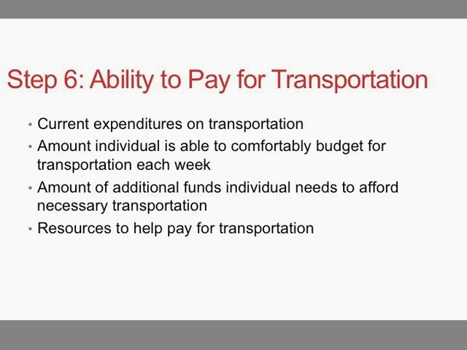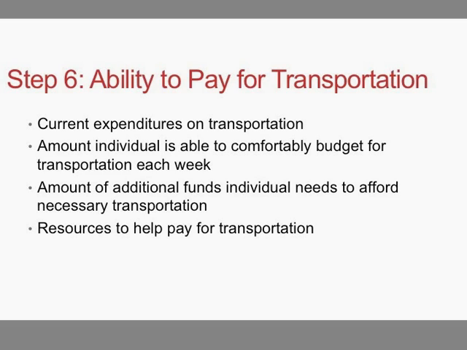It will also more clearly identify transportation as an important monthly expense along with housing, food, and other costs. With the individual, record how much the individual is paying for transportation now each week, how much the individual can comfortably budget for transportation each week, and how much additional funding the individual needs to afford necessary transportation.